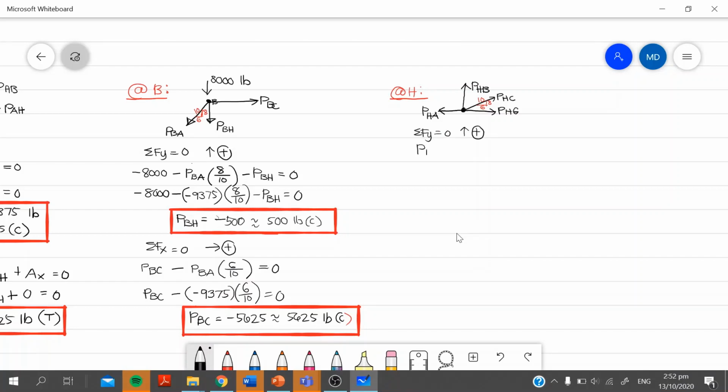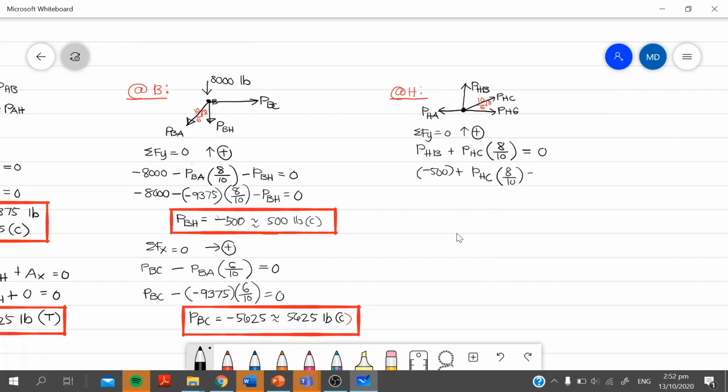So force HB plus force HC. Vertical component is 8/10. Wala nang iba. Equal to 0. Don't forget that force HB na solve na. Pareha na sa BH, which is negative 500. Plus force HC unknown.